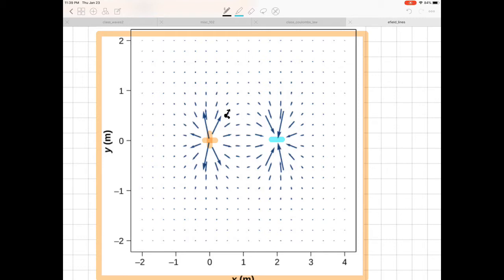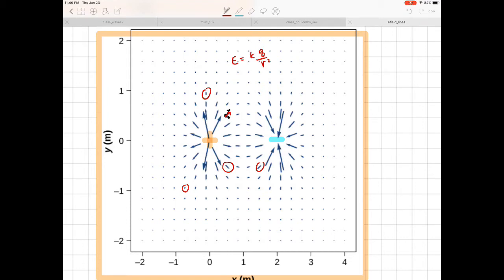And when you add those 2 vectors together, you'll get a vector that looks something like that. All right, so that's how each of these vectors that are sketched out, the size and the direction, are determined by adding the 2 contributions together. Remember, for a point charge, the magnitude of the electric field would be kq over r squared. So you'd have to do that twice, once for the positive charge and once for the negative charge.